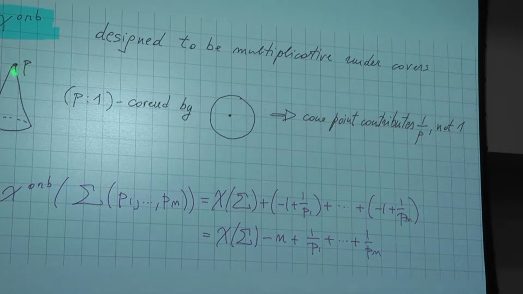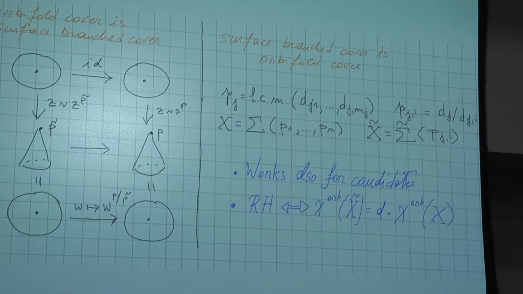So it contributes 1 over p, not 1. The definition of the orbifold Euler characteristic of sigma with p1 through pn is just the Euler characteristic of sigma in which you replace the contribution of each cone point by what it should be according to its order. So it's not 1, but 1 over pj: you remove 1 and add 1 over pj. This is the Euler characteristic in the orbifold sense.